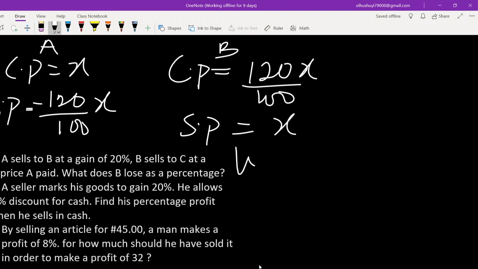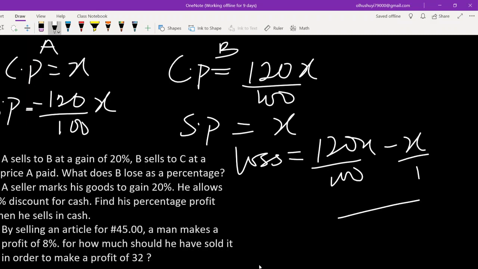So the loss of B should be equal to 120x upon 100 minus x over 1.